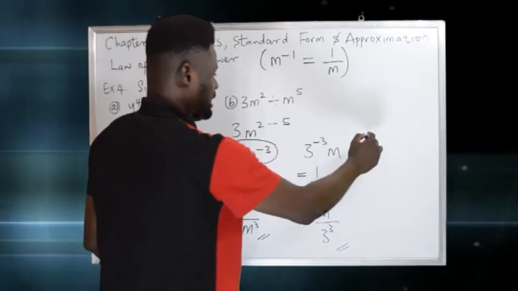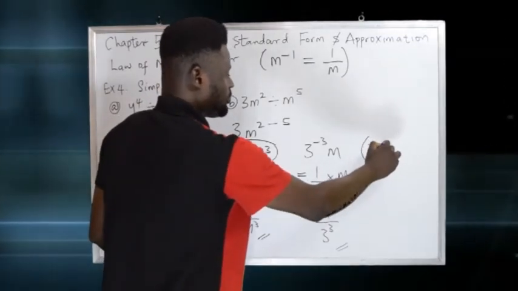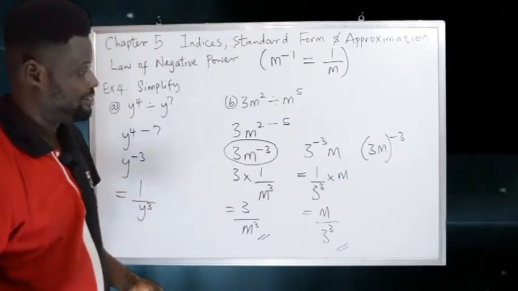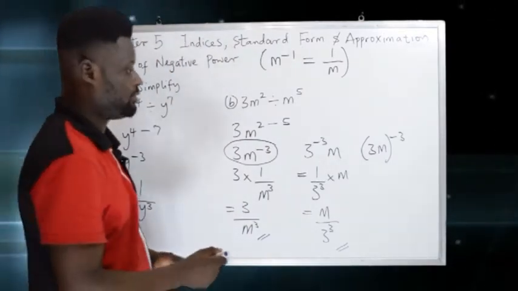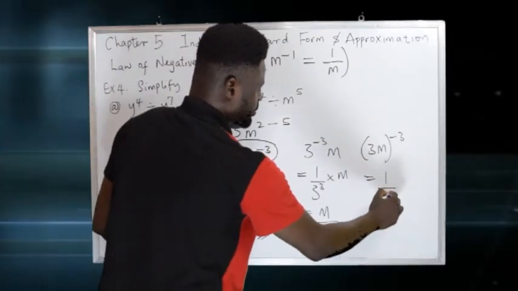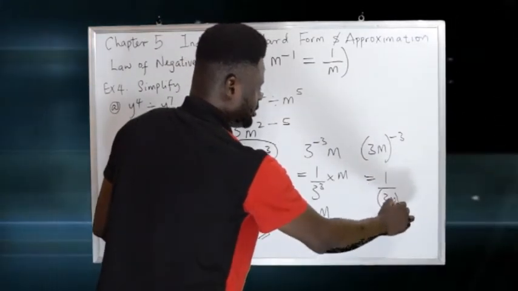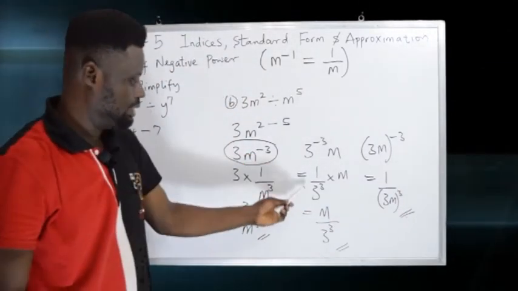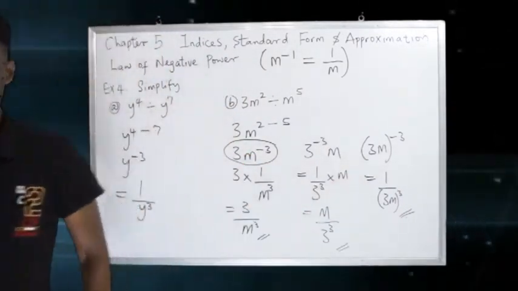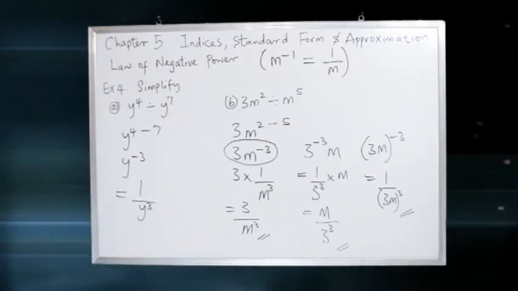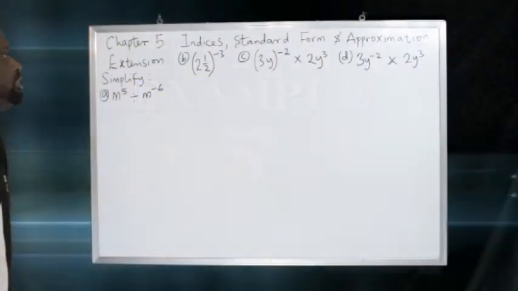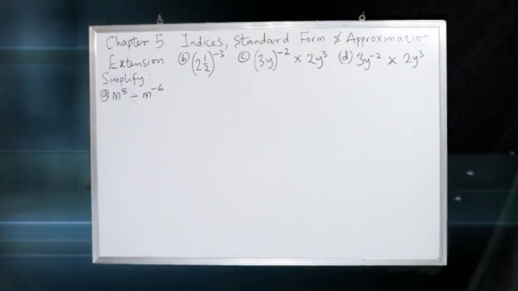Or if you find it like this, with brackets, now it's affecting everything in the brackets, not just m. So this will give us 1 divided by 3m raised to the power 3. So it's affecting everything. So this is not the same thing as this. So we want to look at the following extension in the laws of indices.